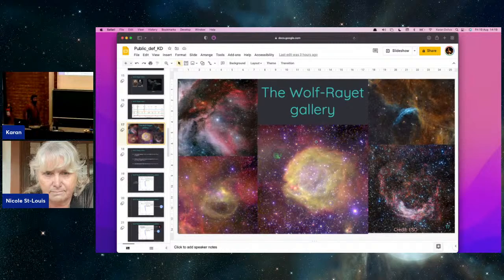I think the bipolar structures of nebulae definitely hint towards the fact that there could be a binary system. Otherwise, I'm not entirely sure about the structure. Maybe if you look at the polarization of the nebulae, that might be one of the ways to detect this. But I'm not sure about the structure per se.